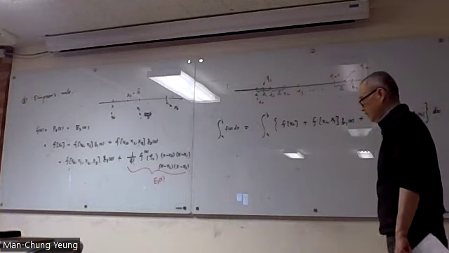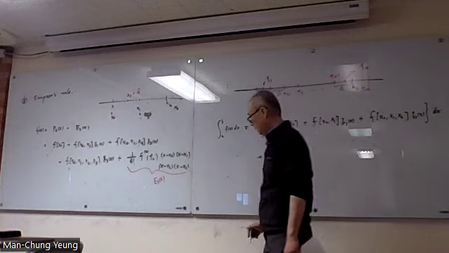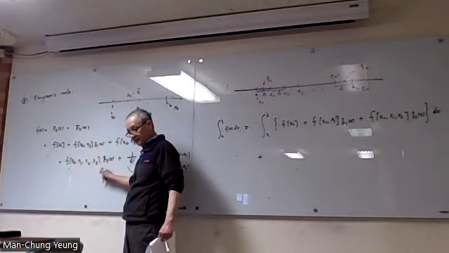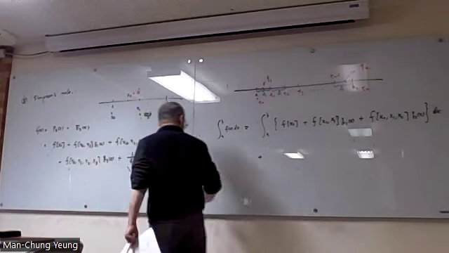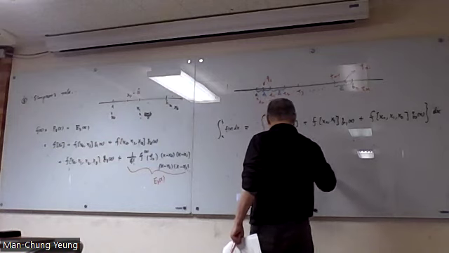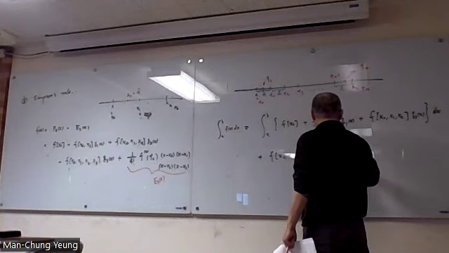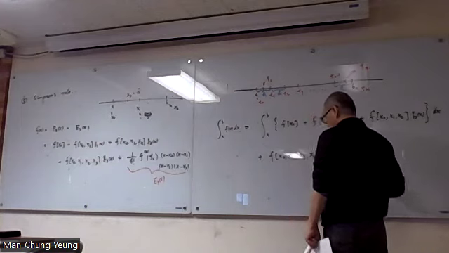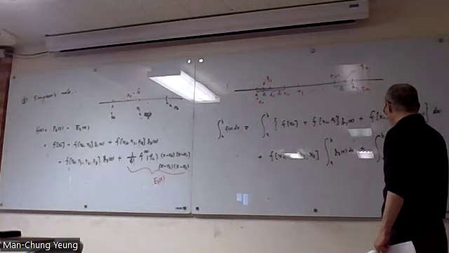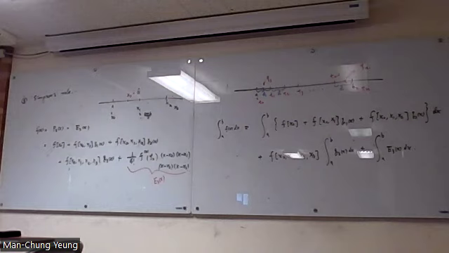And then plus the integral on this. The coefficient doesn't depend on x, it is constant, so I can move it up. Integral A to B of q3 dx. Then the error term, integral on error.